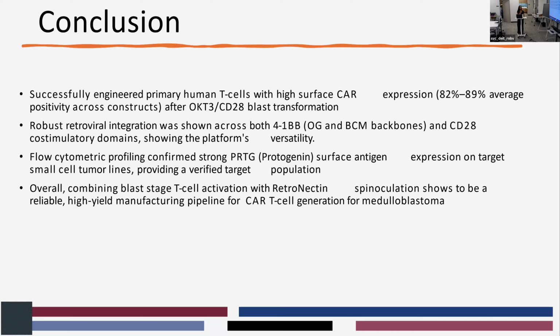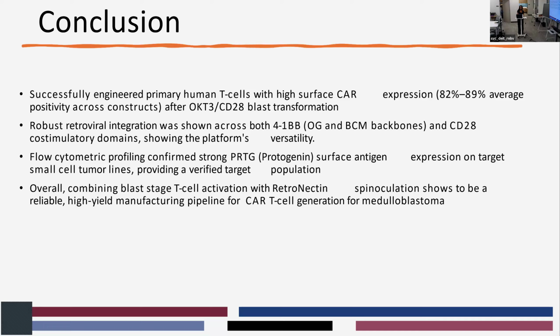Flow cytometric profiling confirms strong PRTG surface antigen expression on small tumor cell lines, providing a verified target population. And overall, combining blast stage T cell activation with vector-next-gen inoculation shows to be a reliable, high yield manufacturing pipeline for CAR T cell generation for medulloblastoma.